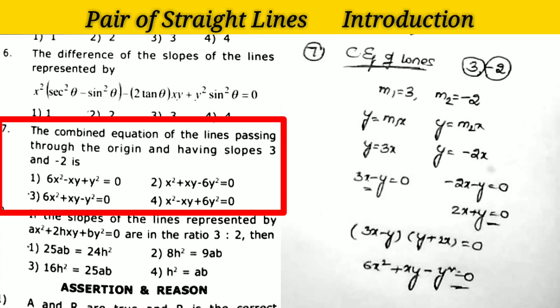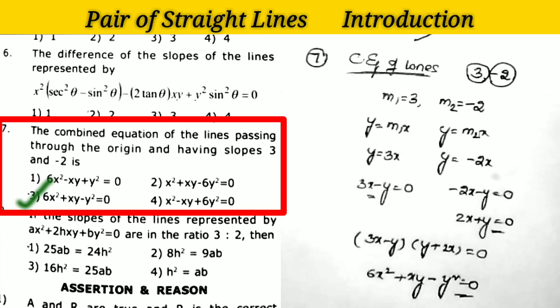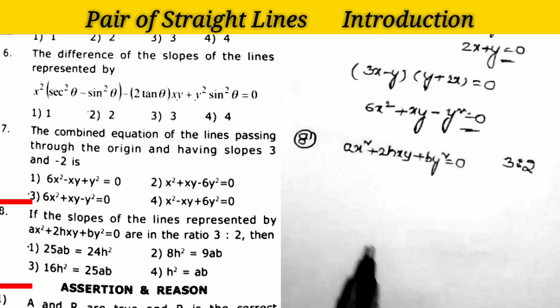The answer is 6x² + xy − y² = 0, and that is the third option. Just replacing the values of m1, m2 in the line equations and multiplying the two line equations to get the combined equation. That's all.